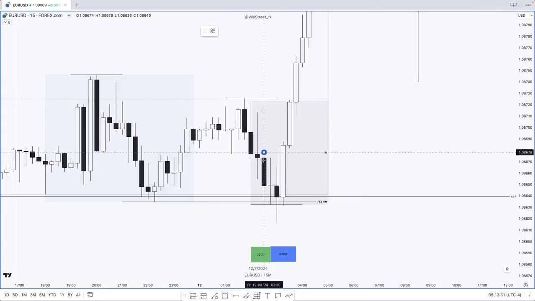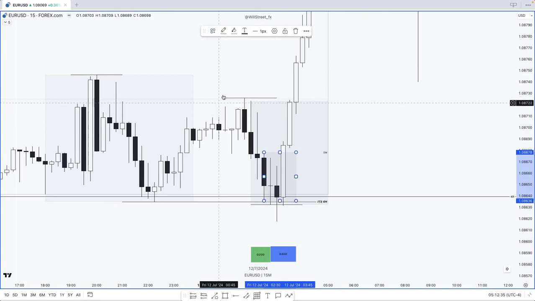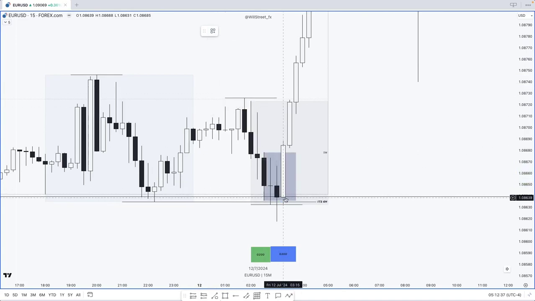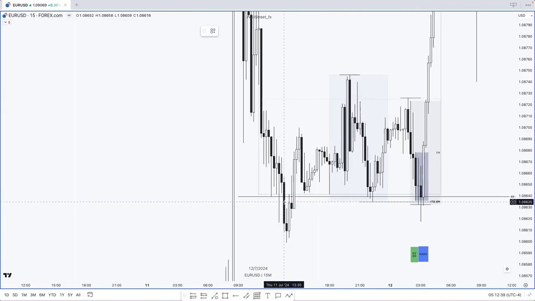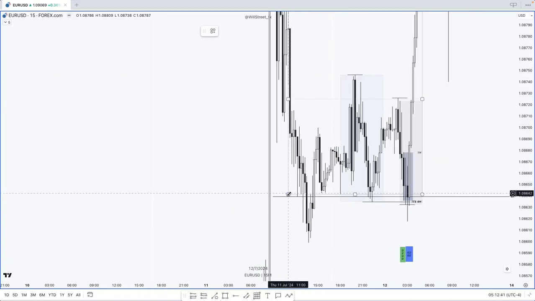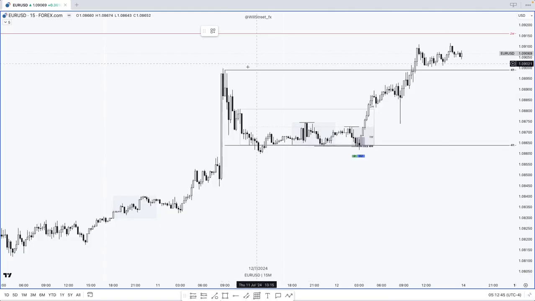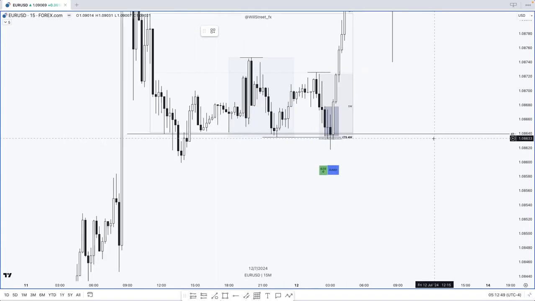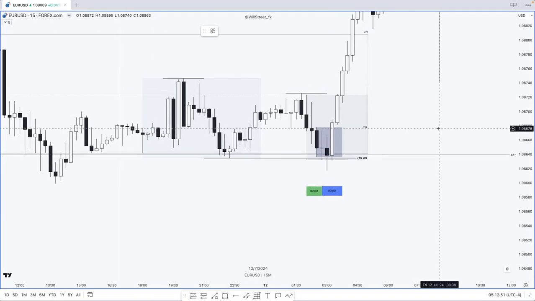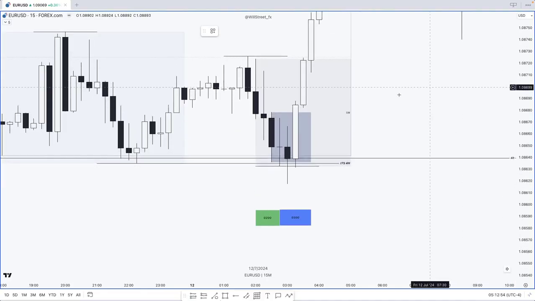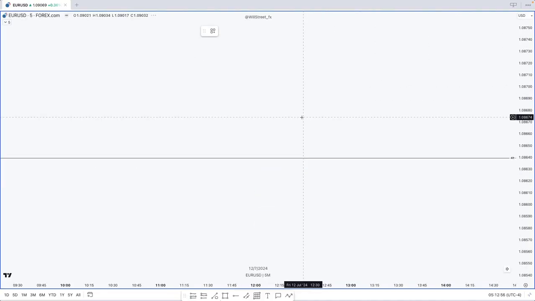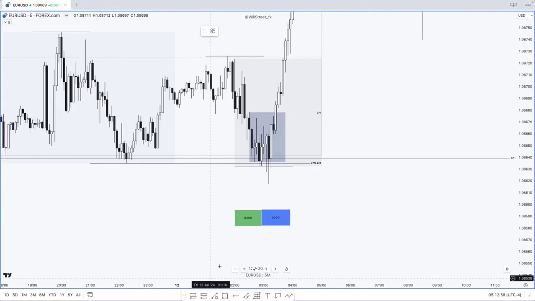A new range. Look at the bodies, respecting what? No, sorry, it's this one. The 4-hour range acts like what? Change in state of delivery. We can refine. Let's see 5 minutes.